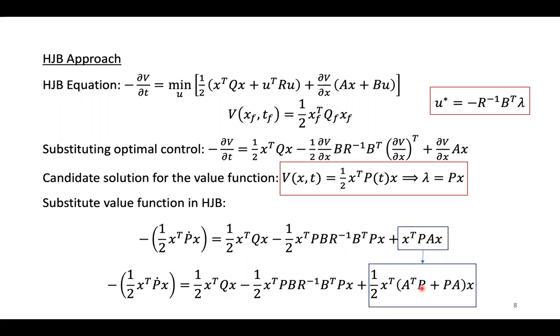I think I forgot to mention that the value function should be a positive definite function. Why? Because first of all, let me just go back a slide.